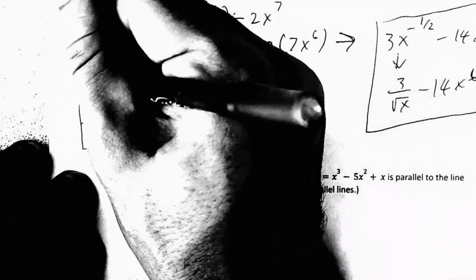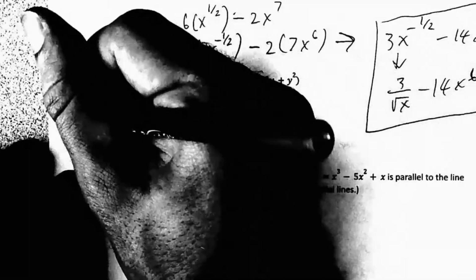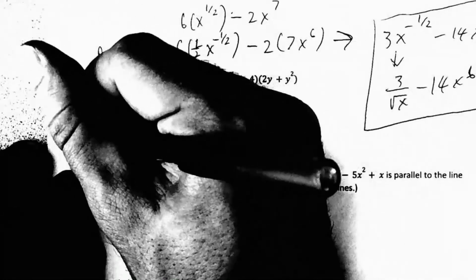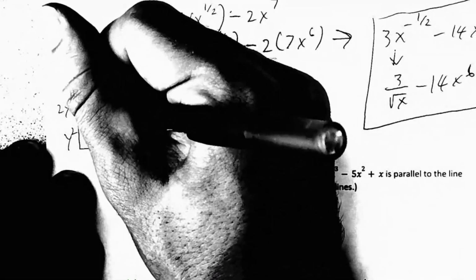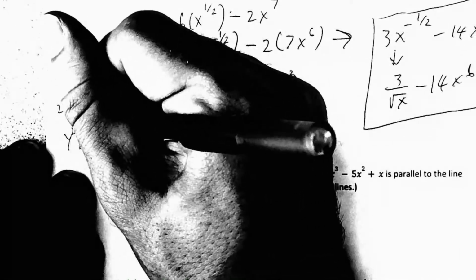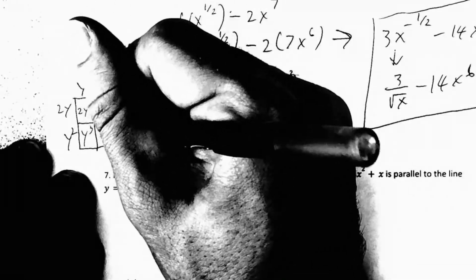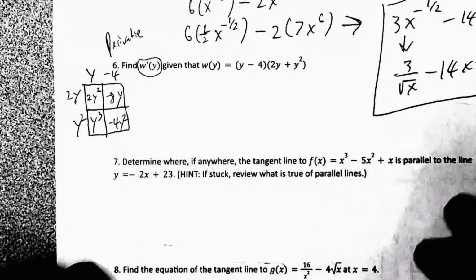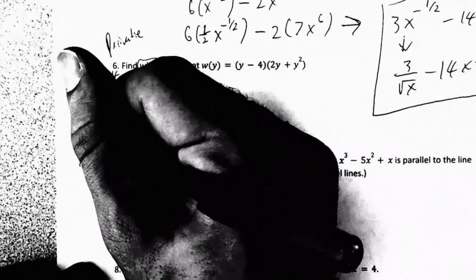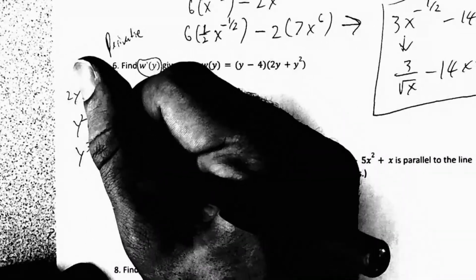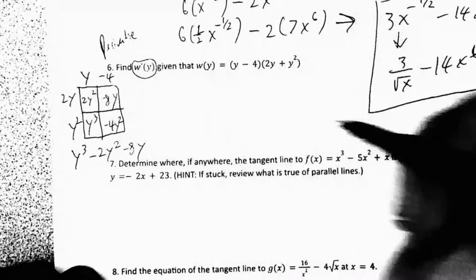When you're multiplying here, we have y minus 4, and then 2y plus y squared. This is 2y squared, y to the third, negative 8y, negative 4y squared. Altogether, we have y cubed minus 2y squared minus 8y.